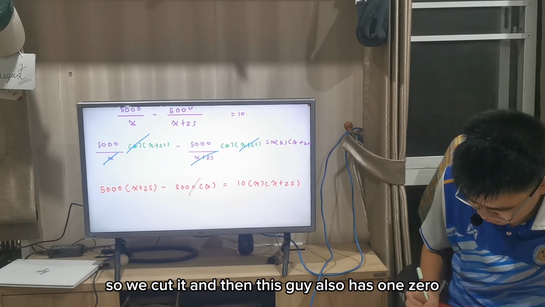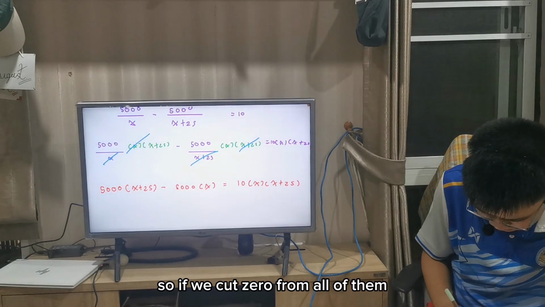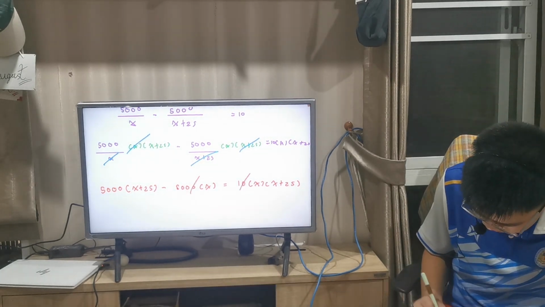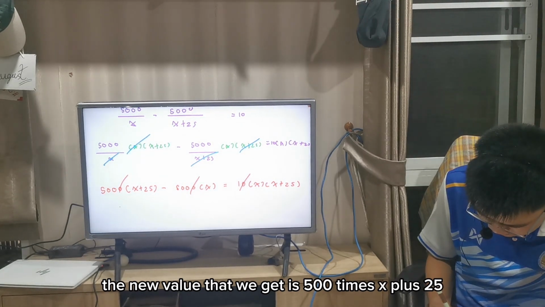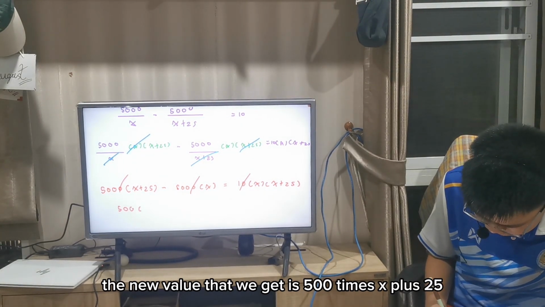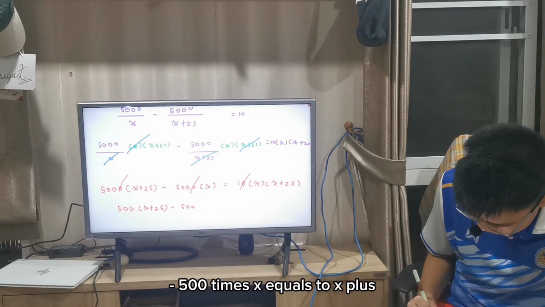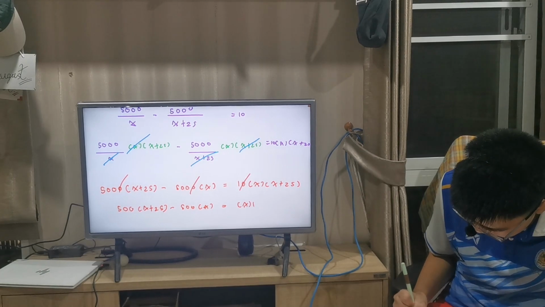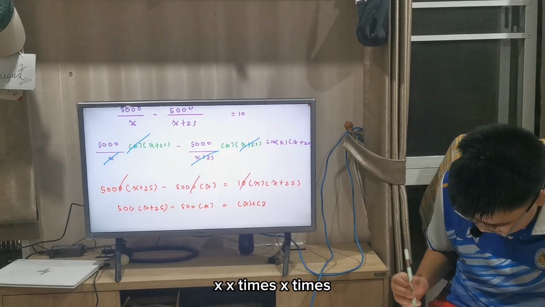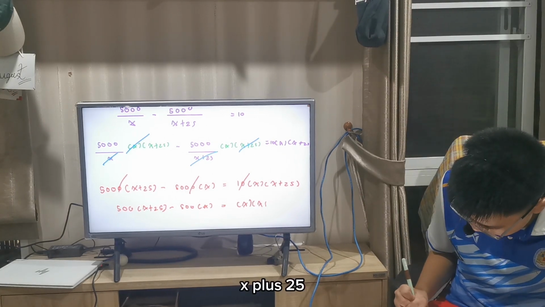And this guy also has a 0, and this one too. If we cut 0 from all of them, the new equation we would get is 500 times X plus 25 minus 500 times X equals X times X plus 25.